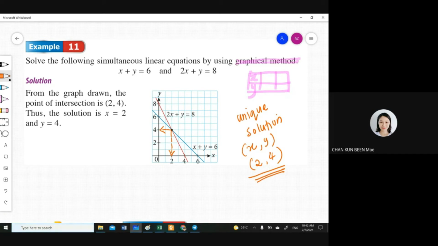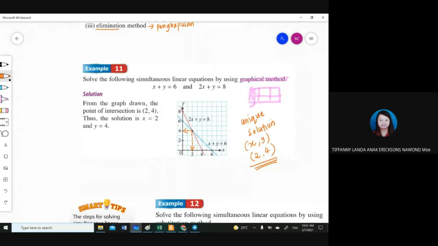Okay? Therefore, you can look at the solution given on the left. From the graph drawn, the point of intersection is 2, 4. Thus, the solution is x equal to 2, y equal to 4. Simple only. Okay? Do you have any questions? No. Okay, good.